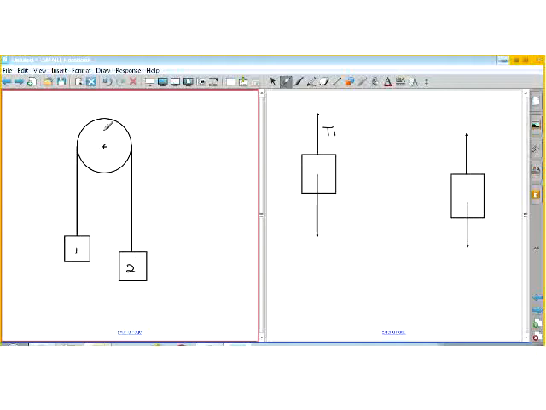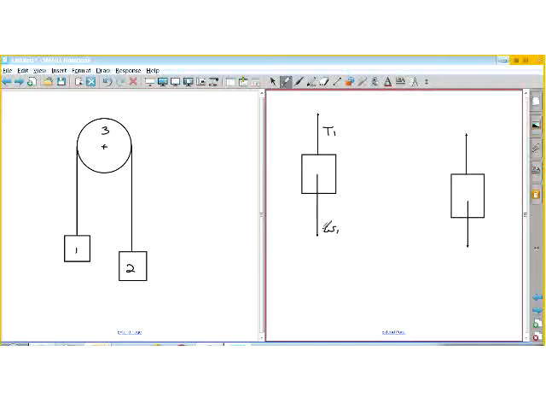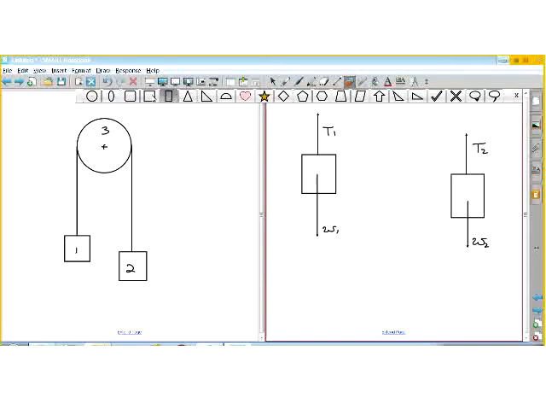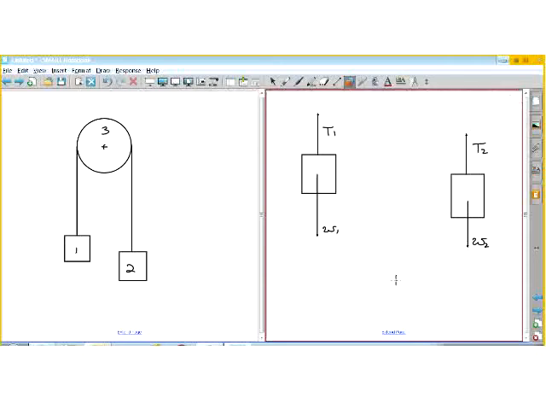So we'll call this object 1, this object 2, I'll call this object 3. So we have tension here, T1, and then we have W1, and we have T2, and we have W2. If we sum the forces in the y direction, it's going to be equal to the mass of 1 times the linear acceleration of 1. It's the same thing over here.